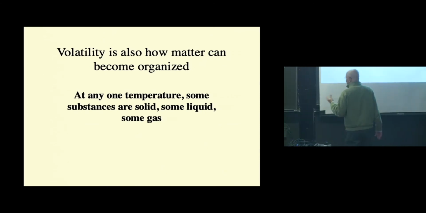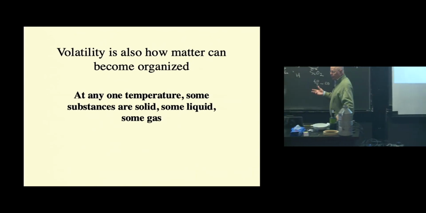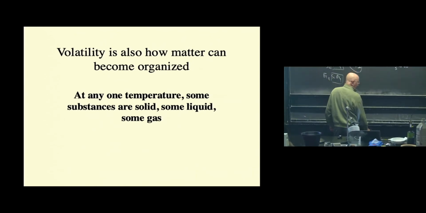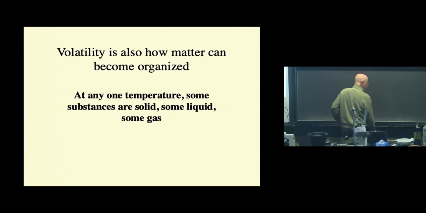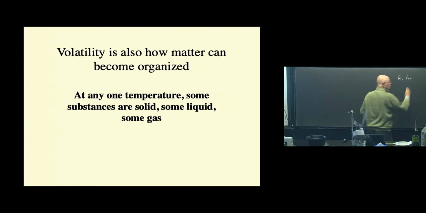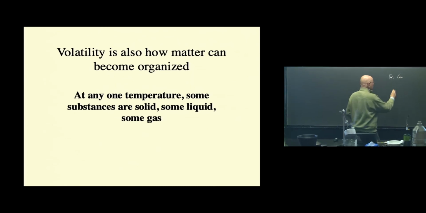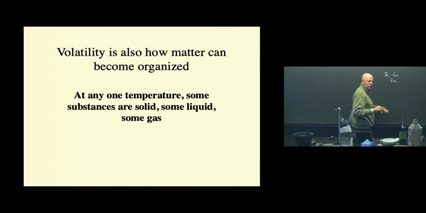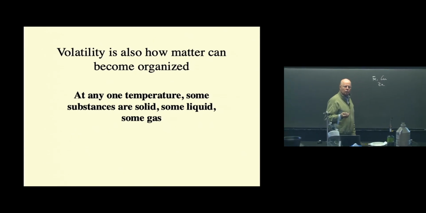So we have this sequence of things where we saw these changes in melting temperatures, and we have a volatility sequence. We saw that we had iron and copper up here somewhere that were pretty high, and then we had zinc. And then as we go down in temperature, do you think alcohol is more or less volatile than water? More volatile than water.